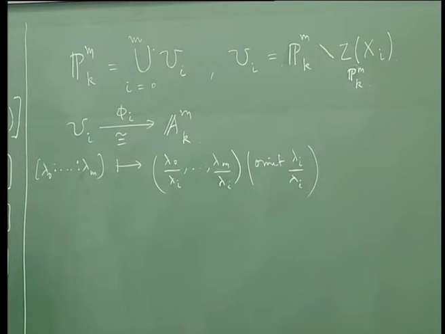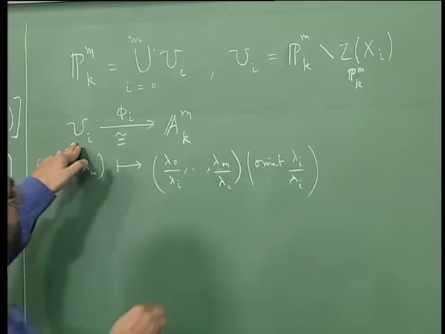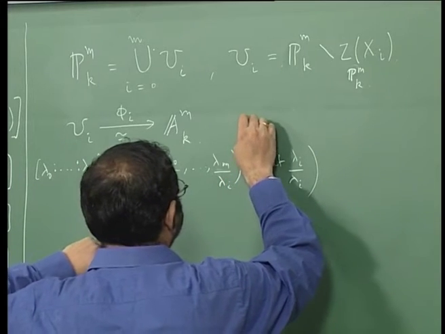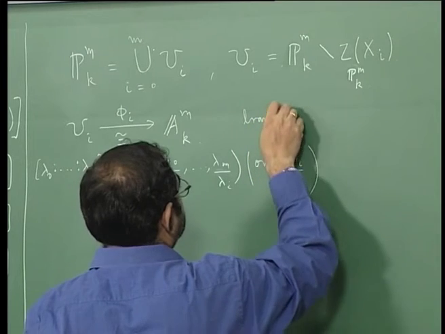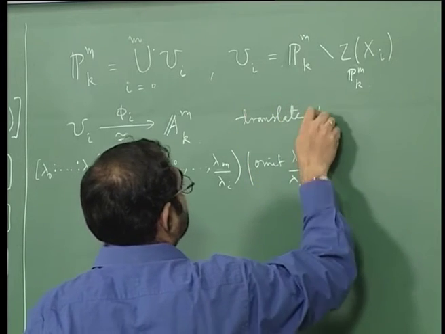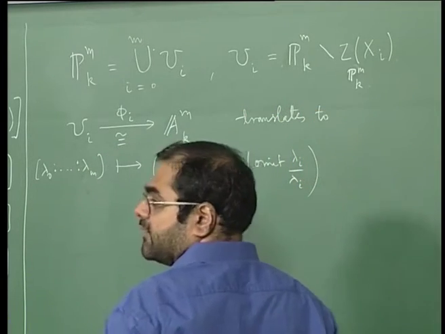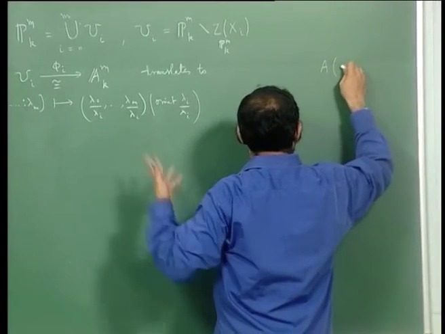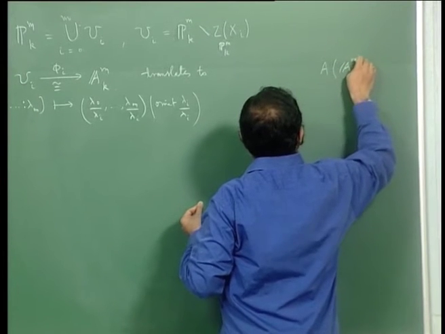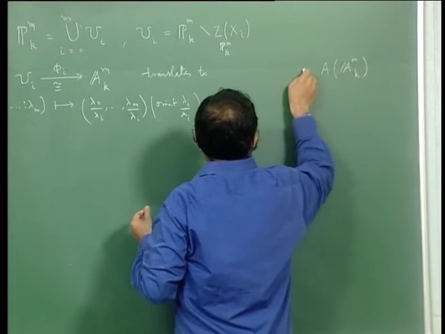We proved that this map is an isomorphism of varieties, and this geometric map translates in commutative algebra to an isomorphism of the affine coordinate rings, namely A of A^m_K.